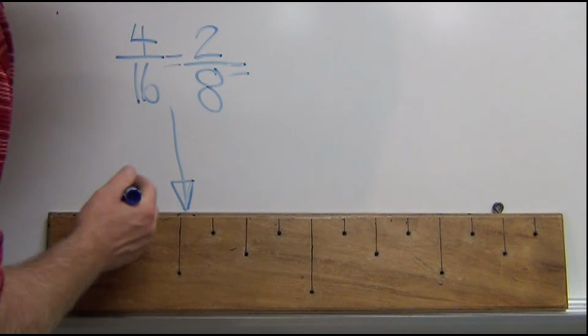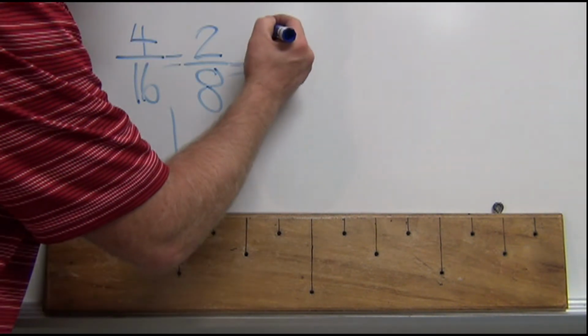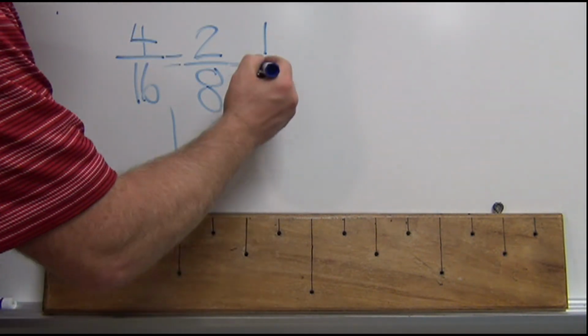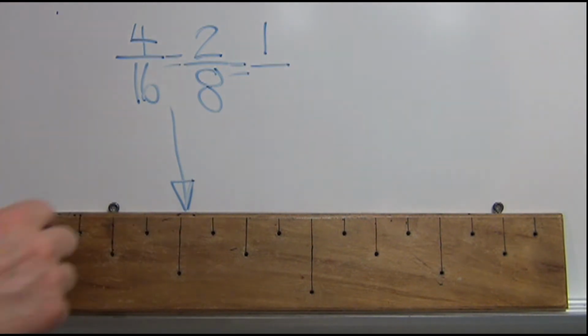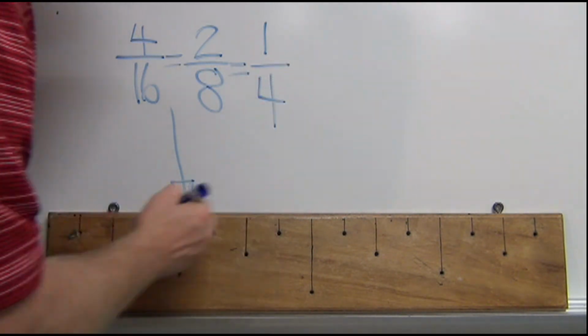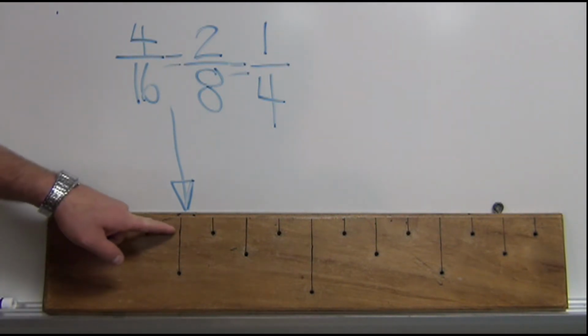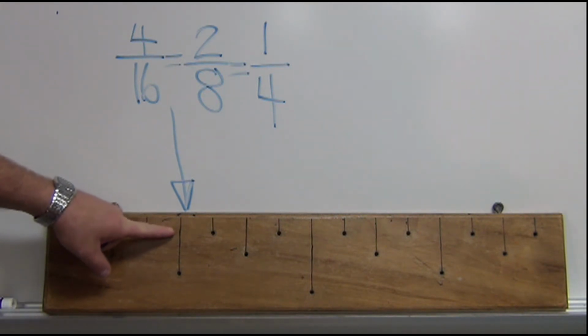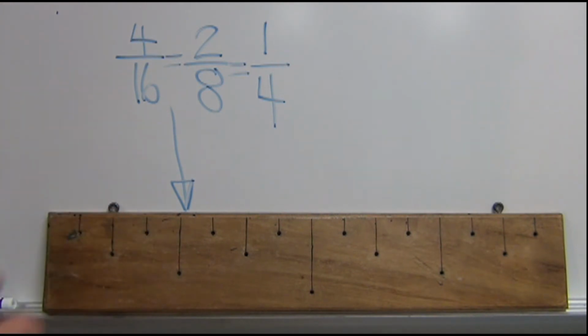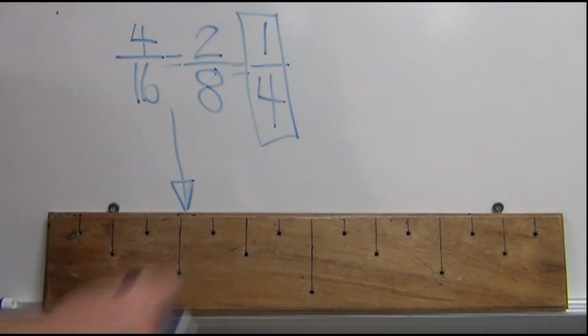So we cut 2 in half and we end up with 1. We then cut the 8 in half and we end up with a 4. Our numerator is 1, and that is an odd number. So that means that we have reduced this fraction as far as it needs to go, and this measurement right here on the ruler is 1/4 of an inch. And we'll put a box around our answer to show that.